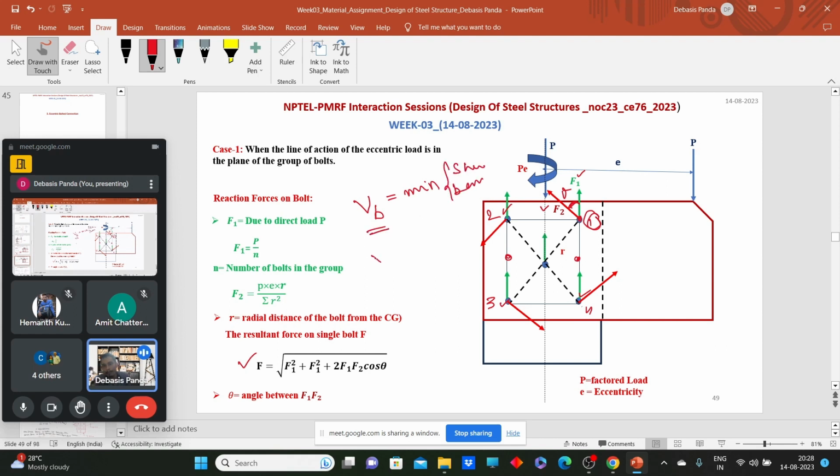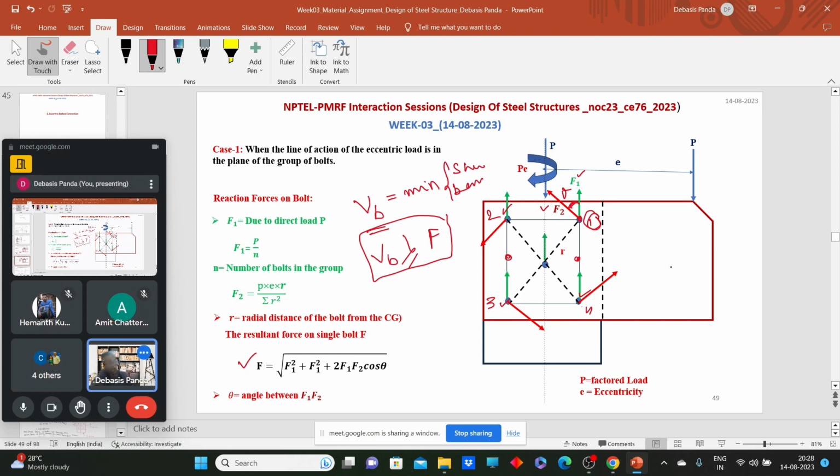That VB, the strength of the bolt, should be greater than or equal to the resultant force F. If this criterion is satisfied, then we can say it is a safe joint. If this criterion is satisfied for a certain load, say P is 100 kilonewton, that means 100 kilonewton load can be transferred safely through this kind of connection.